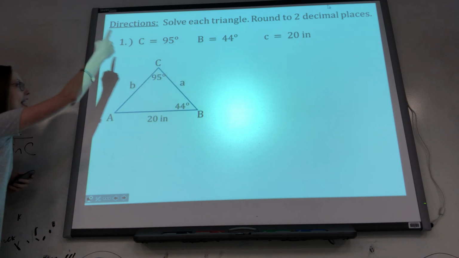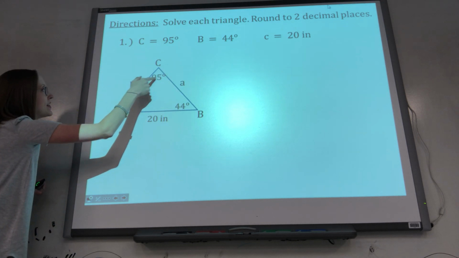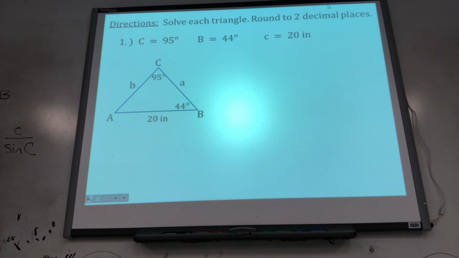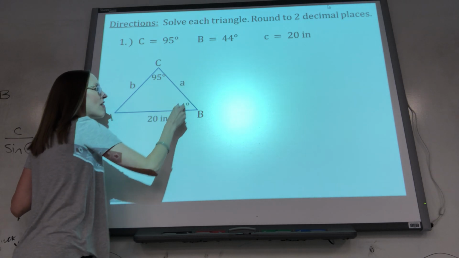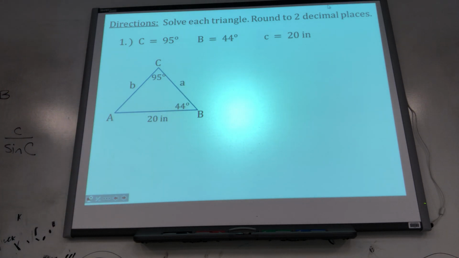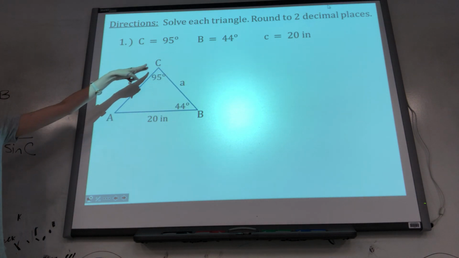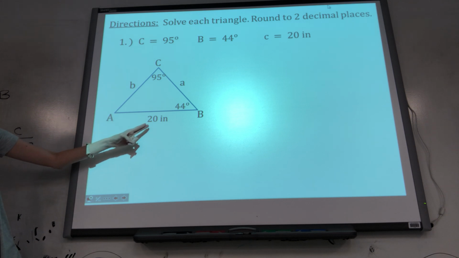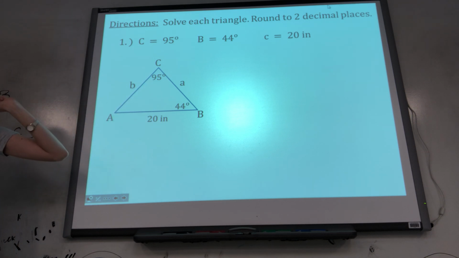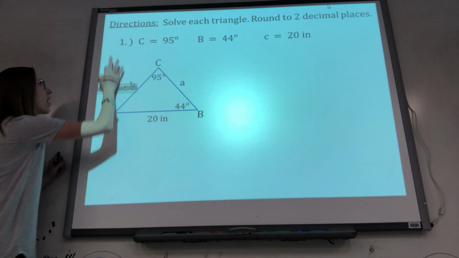I know that angle C is 95 degrees. I also know that angle B is 44 degrees. And little c, side C, which is across from angle C, that is 20 inches. And that's all I've got going on right now.